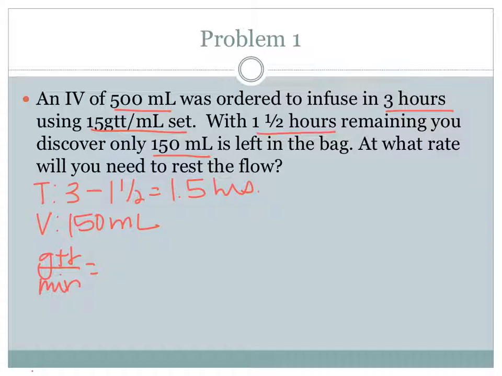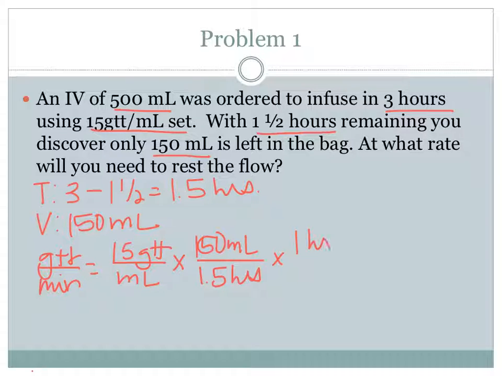So we take the 15 drop per ml set times the volume to be infused, 150 milliliters, over 1.5 hours, which we need to convert to minutes, so 1 hour over 60 minutes, okay?